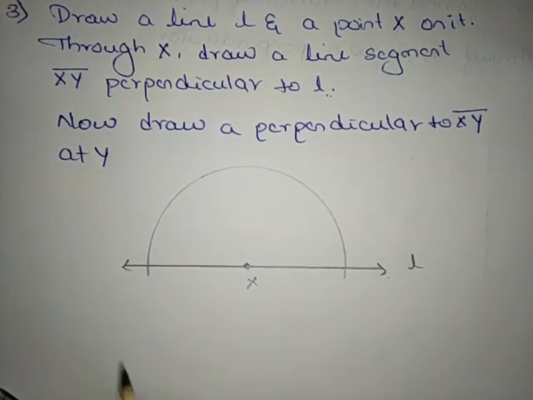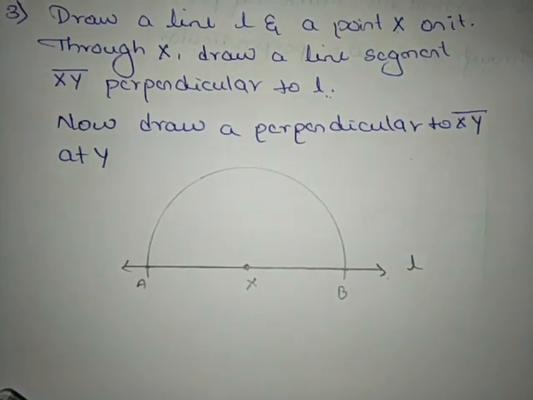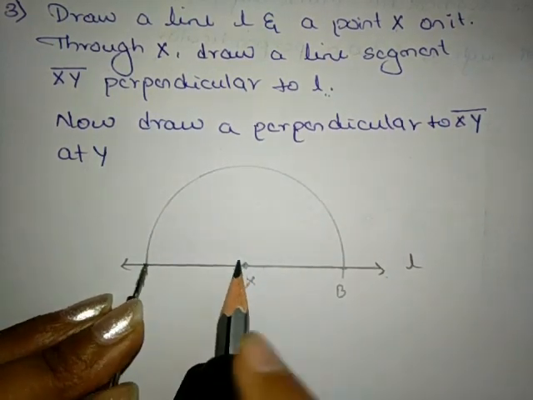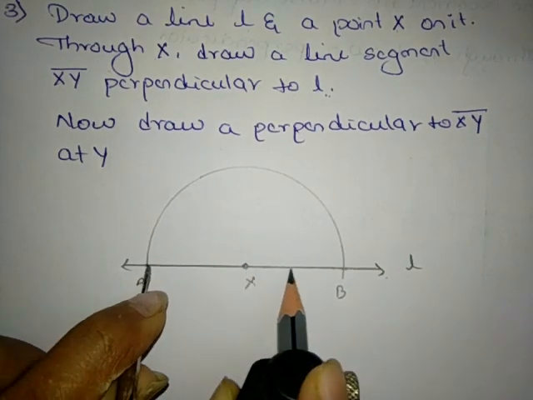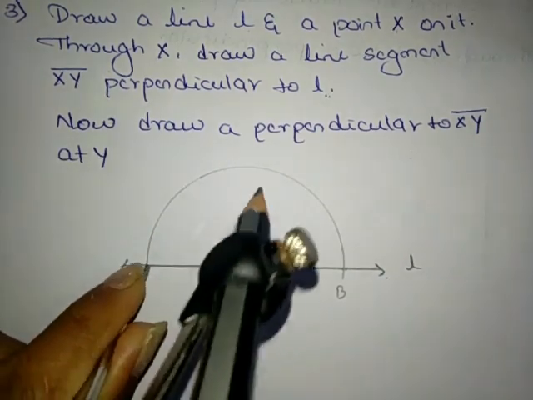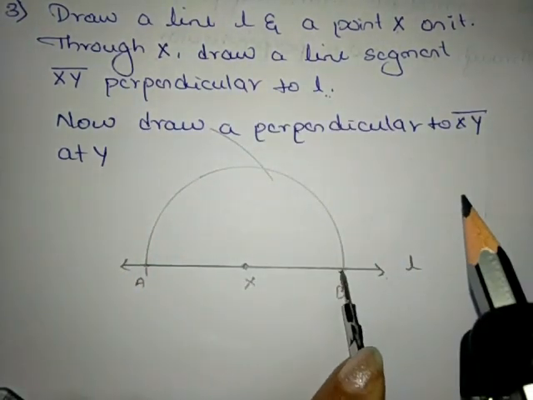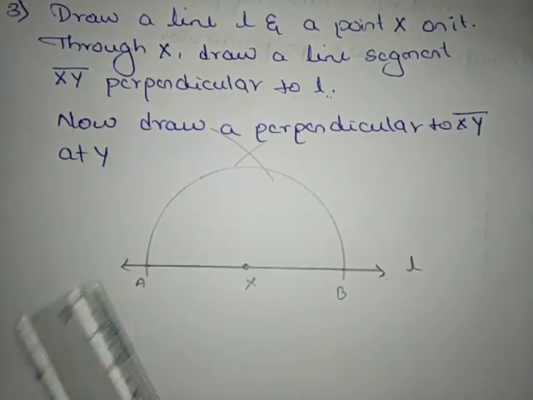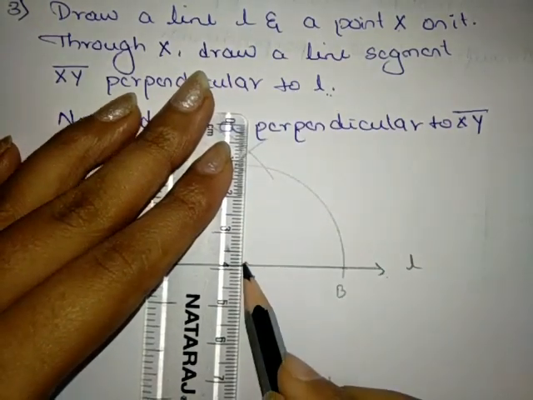Now we'll call this point A and this point B. Now we'll adjust the compass to a length more than AX, and we'll take an arc here. Similarly, keeping on point B again. Now we'll join point X and this point.